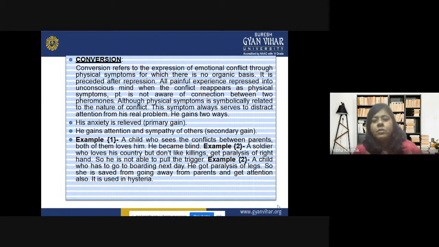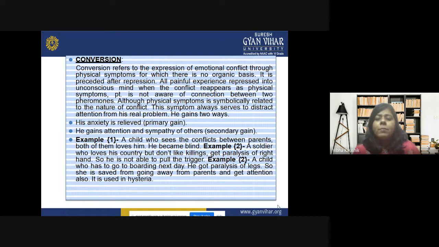All the painful experiences that an individual is having are repressed into the unconscious mind and stored there.